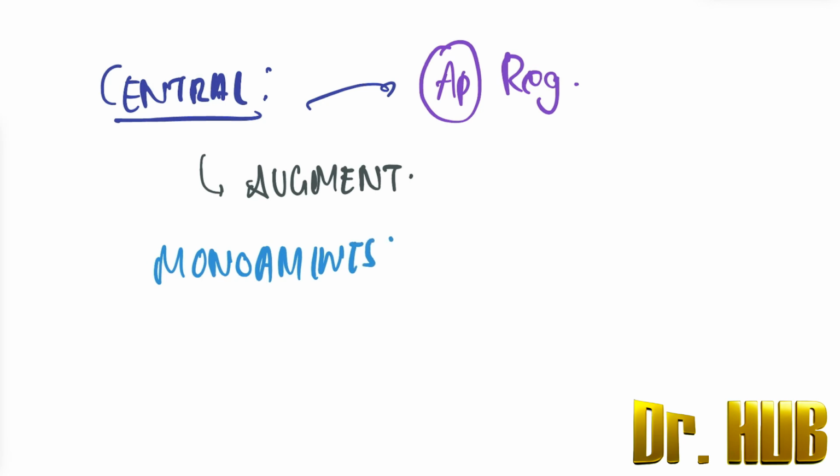So what are these monoamines? They include norepinephrine, then serotonin, as well as dopamine.